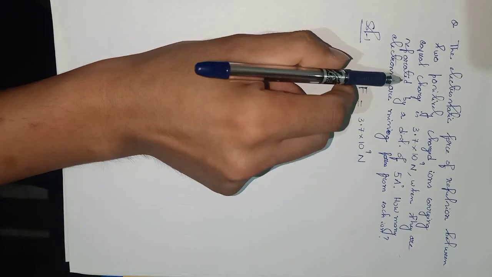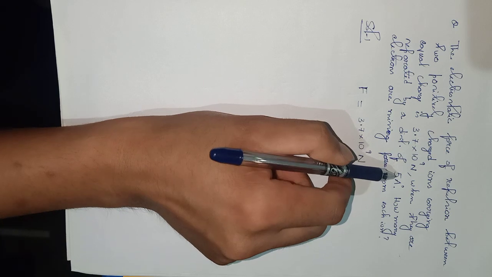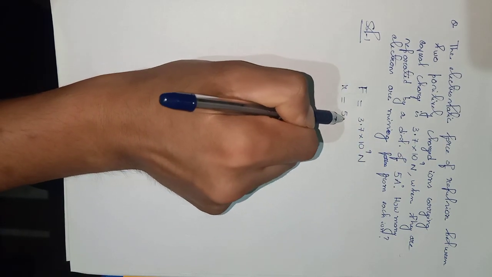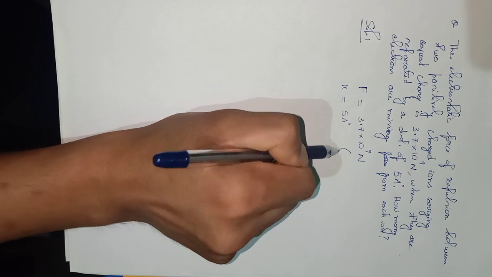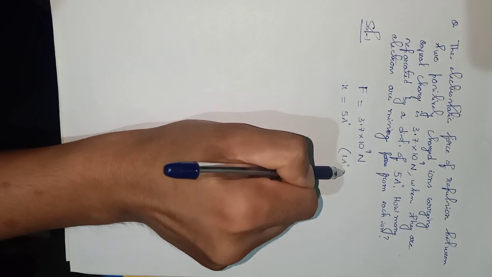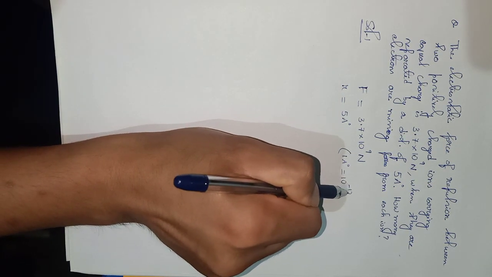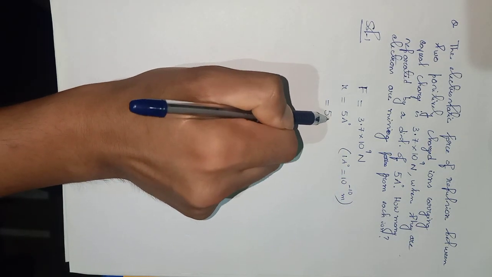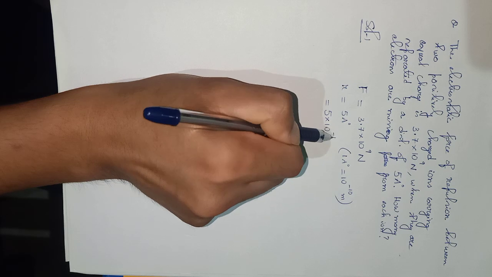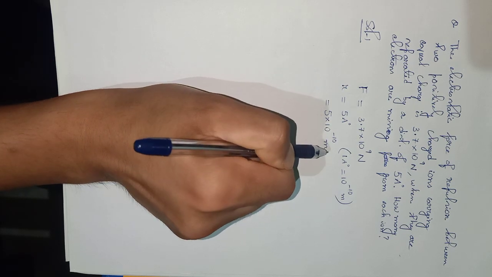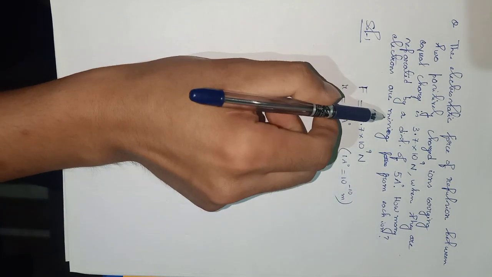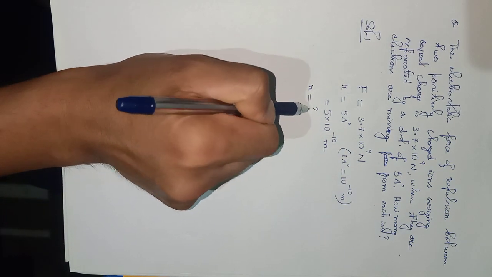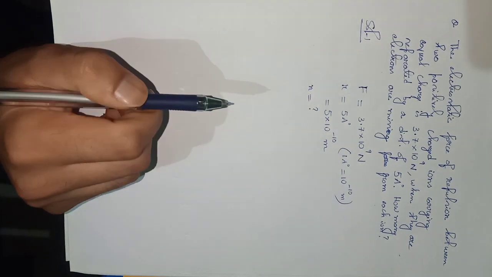The distance between the charges is given to be 5 angstrom, so R is equal to 5 angstrom. Now, 1 angstrom is 10 to the power minus 10 meter, so 5 angstrom will be 5 into 10 to the power minus 10 meter. How many electrons are missing from each ion? So we have to find out n, the number of electrons.